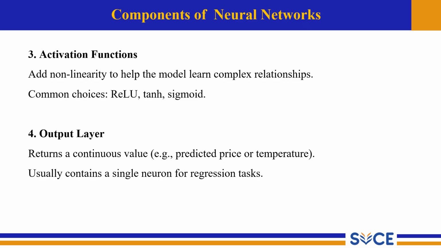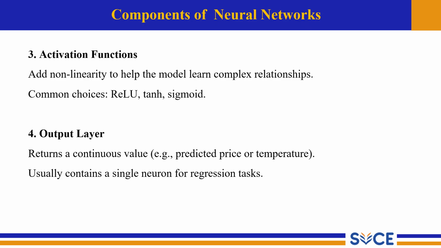So the common activation functions include ReLU, which is described as a rectified linear unit, tanh, hyperbolic tangent, and sigmoid. Each of these functions has its own characteristics and applications, but all serve the essential purpose of enabling the network to model the patterns.